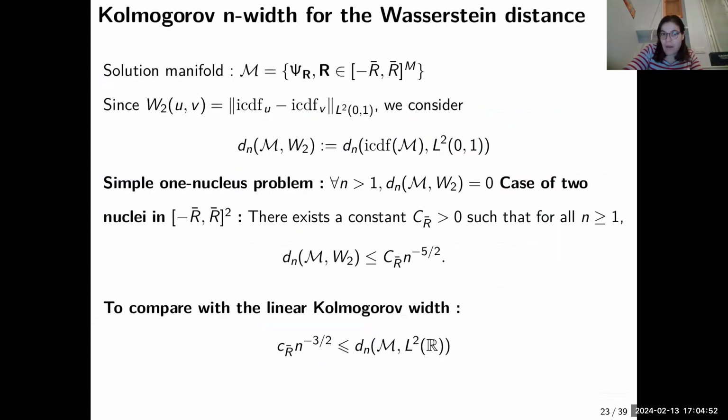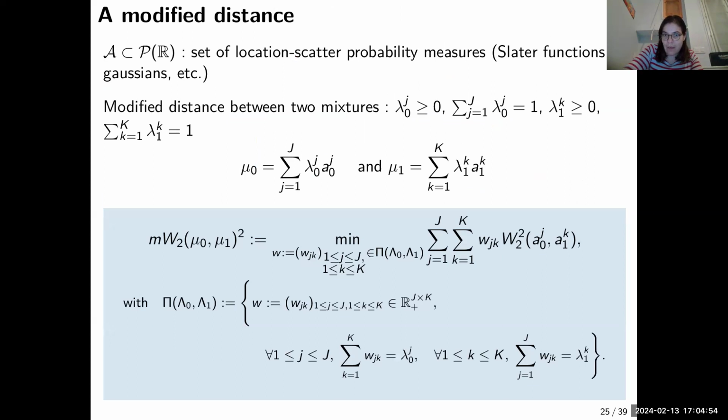However, with this modified Wasserstein metric, the cost is only related to the number of terms here. We restrict the set of possible solutions that we can consider, which are convex combinations of particular probability distributions.